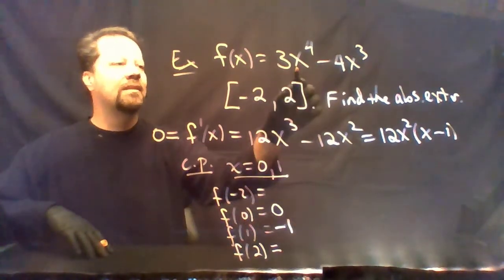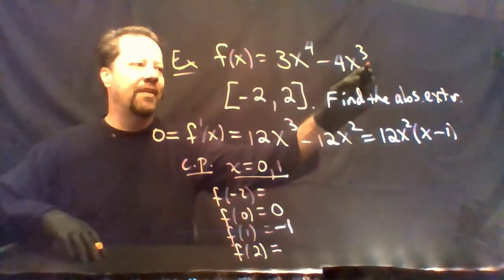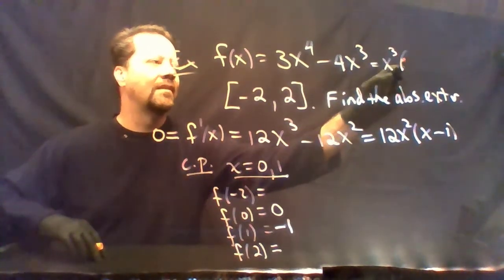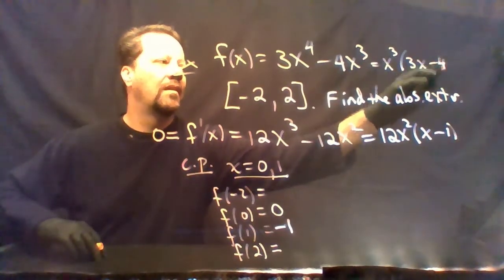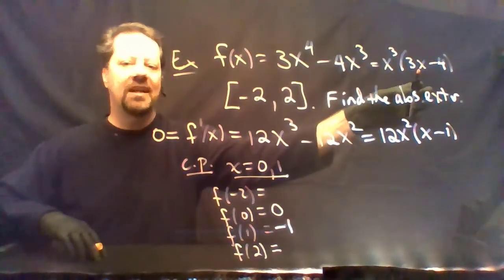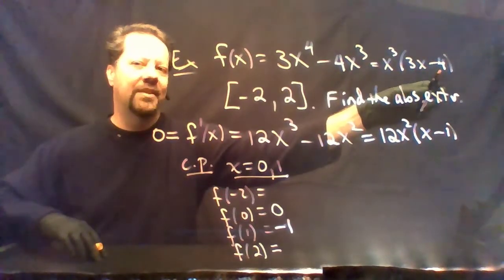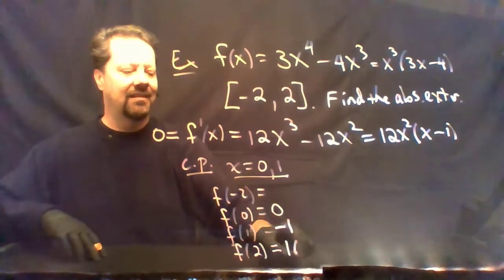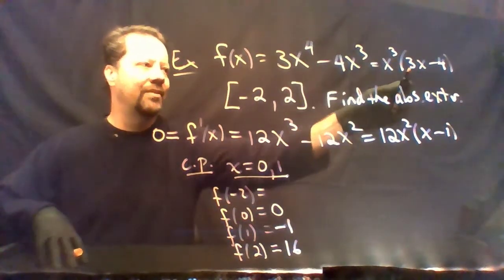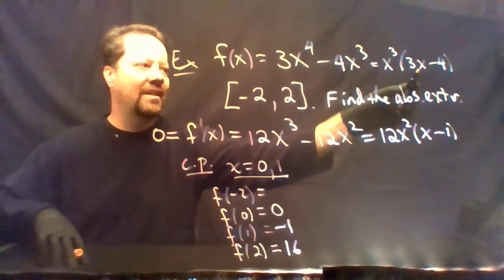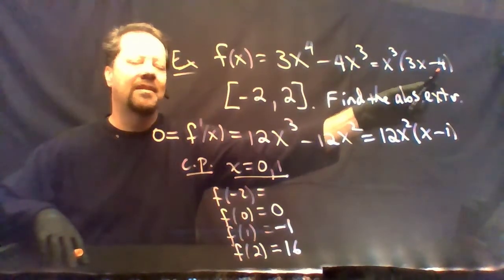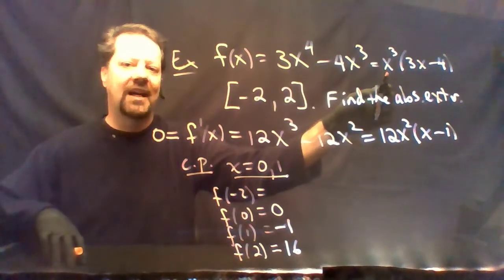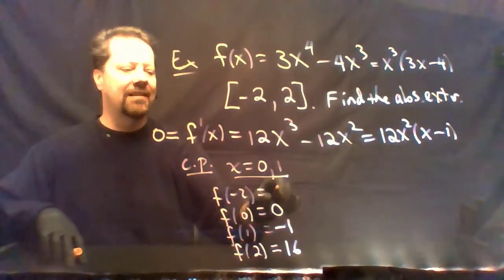At 2 to the fourth, we might more easily evaluate this if we factor an x cubed out. 3 times 2 is 6, minus 4 is 2, 2 times 8, 16, and at -2, 3 times -2 is -6, minus 4 is -10. -10 times -8 is +80.